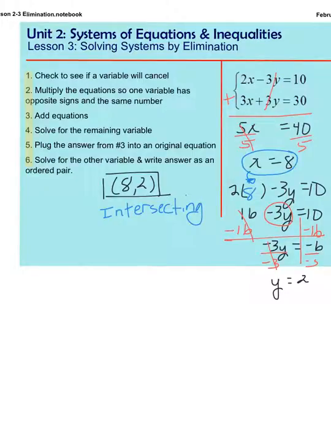And since I have a solution, these lines are consistent because consistent means they have a solution, whereas inconsistent means they don't have a solution. And then because I have one unique solution, it is independent. If I had more than one solution, they would be dependent.